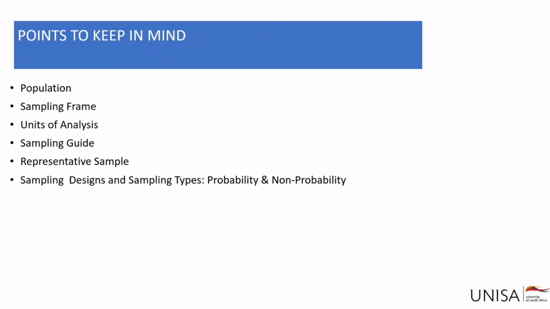I think this to me will guide you and assist you as you develop your proposal. And more so, the sampling guide as to numbers, what kind of numbers can we talk to, as we sample from the population. This is more or less what, for me, was the purpose of this engagement.